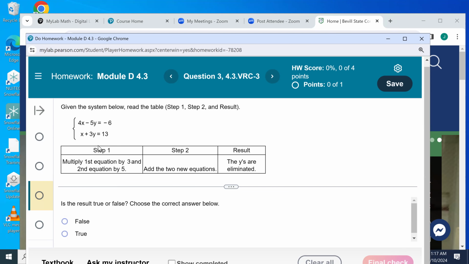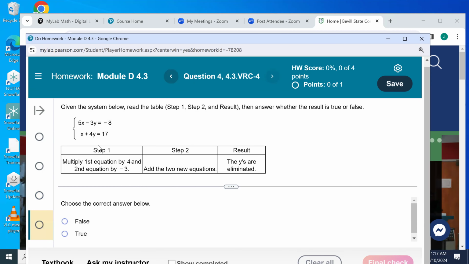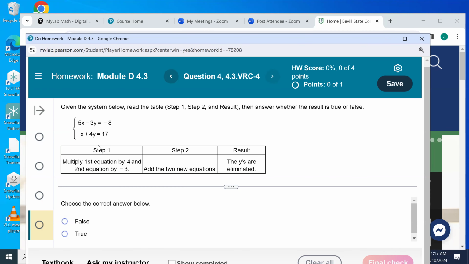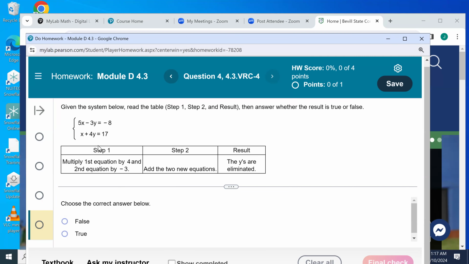Yeah, so they did get eliminated. Okay. And you really don't have to worry about the other stuff, you're just saying true or false to the cancel. In actual practice, you need to actually solve for x and y, then get x and y. But this is just to give you the idea of what's going on.